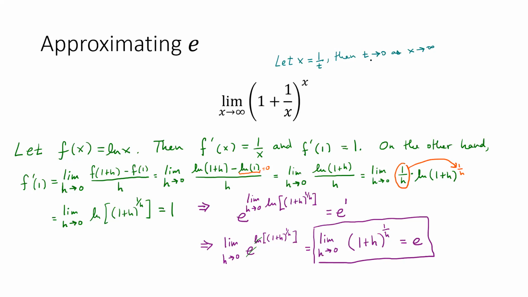So this limit is really equivalent to the limit as t approaches 0 of 1 plus t to the power of 1 over t, which we showed here is equal to e.